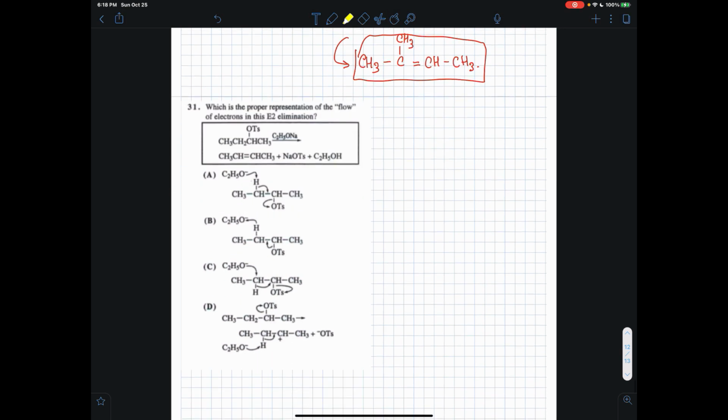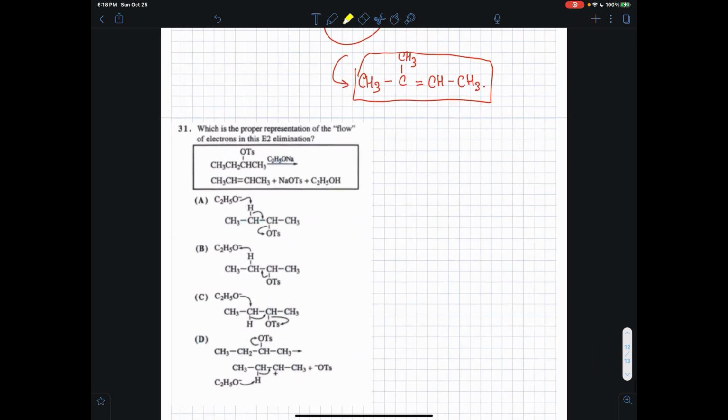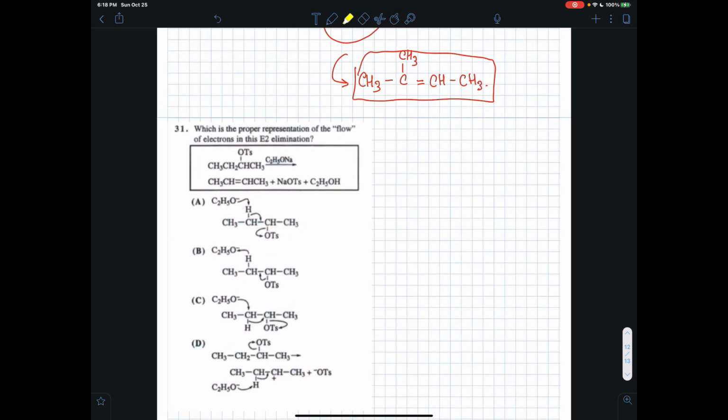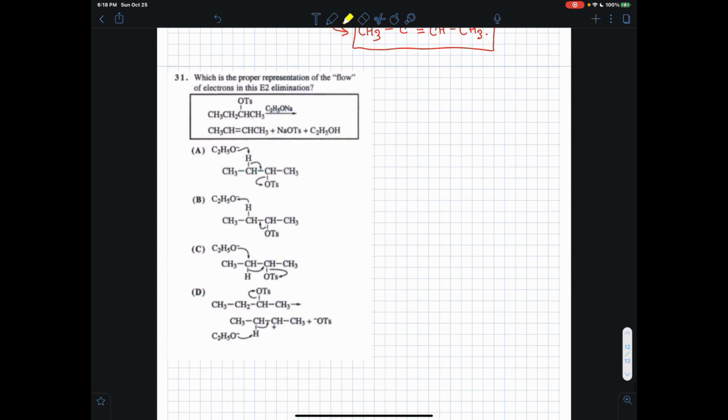Now moving on to 31. Which is the proper representation of the flow of electrons in the E2 elimination? So remember, in E2 elimination, let's just do the mechanism really quick here. OTs, and then the CH. Just remember, OTs is a good leaving group.